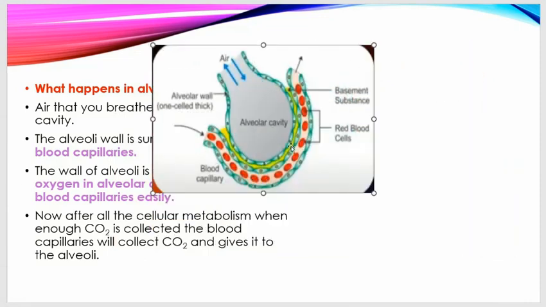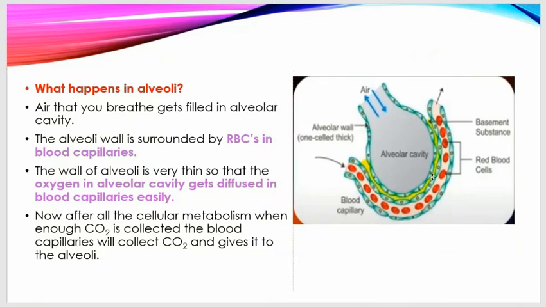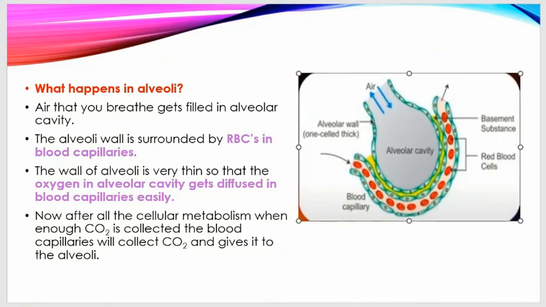And in these blood capillaries, there are a lot of RBCs, and the wall of this alveoli is so thin that the oxygen is going to diffuse into these blood capillaries quite easily. And then once this oxygen diffuses into the blood capillaries, the RBCs, the hemoglobin, all of that is going to take in that oxygen and transfer it to the rest of the body parts.